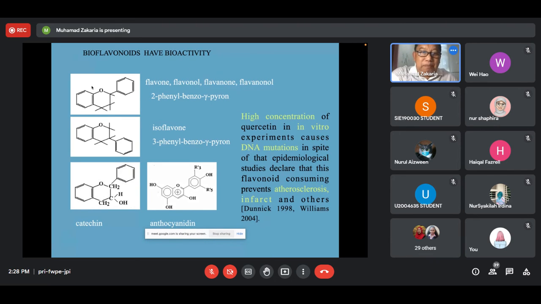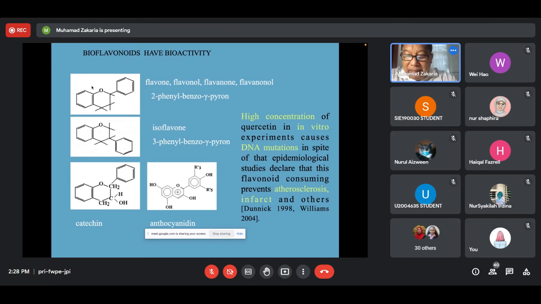Bioflavonoids have bioactivity. For example, a high concentration of quercetin in an in vitro experiment causes DNA mutation.